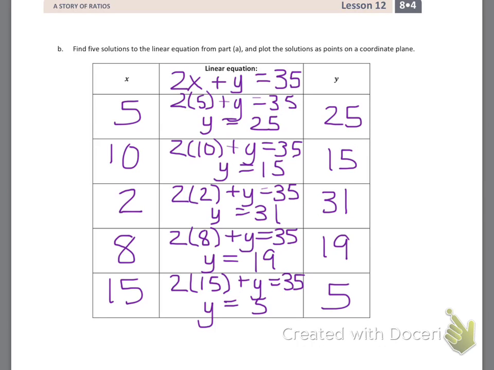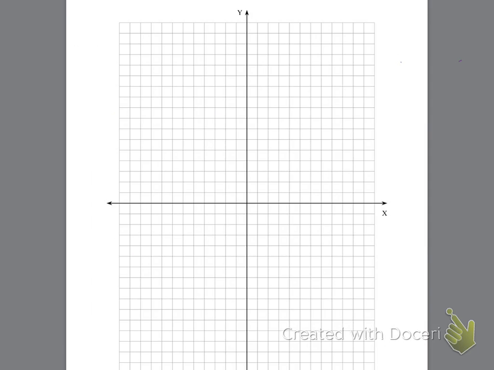Okay, so you can check your work against these data points that I've calculated. And so once you do that, we're now going to make a graph of this equation. So our equation is 2x plus y is equal to 35.